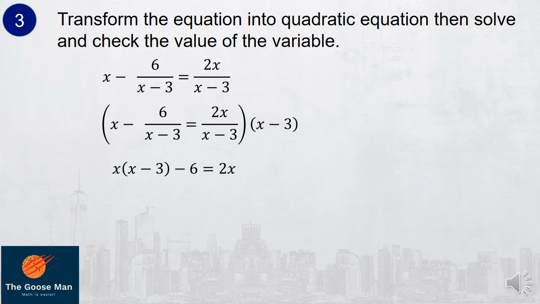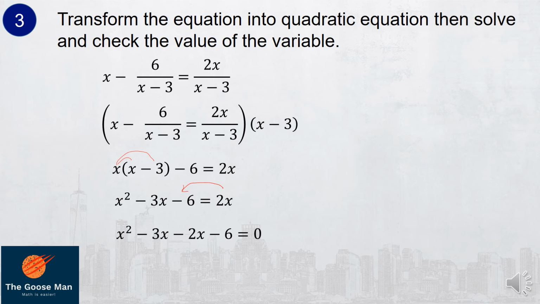Then I'll distribute x to x - 3. So x times x is x squared, x times negative 3 is negative 3x, minus 6 is equal to 2x. Then I'll write this in standard form such that I'll move 2x to the other side of the equation.